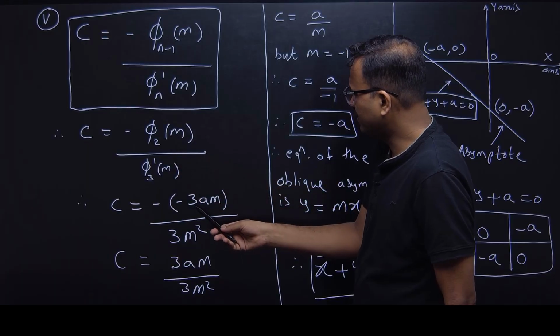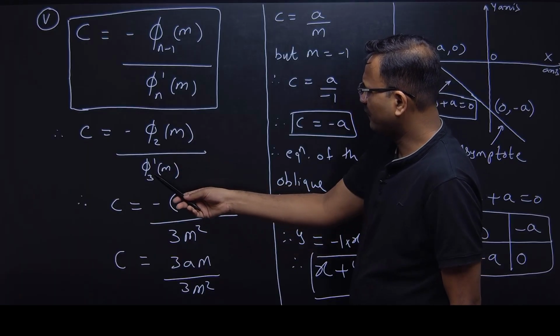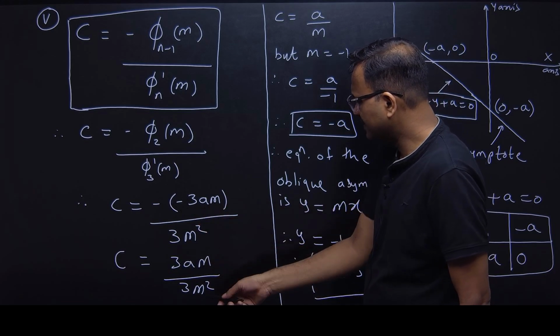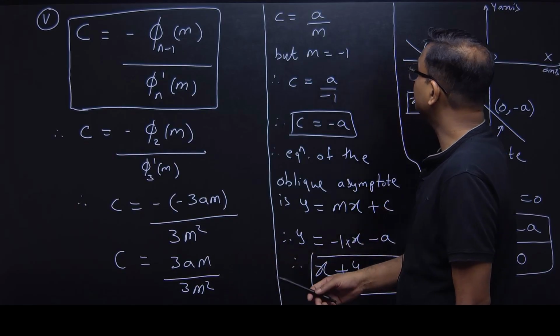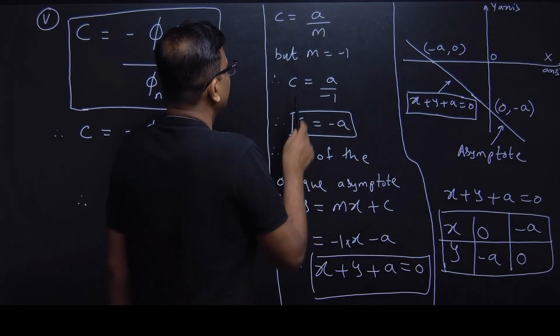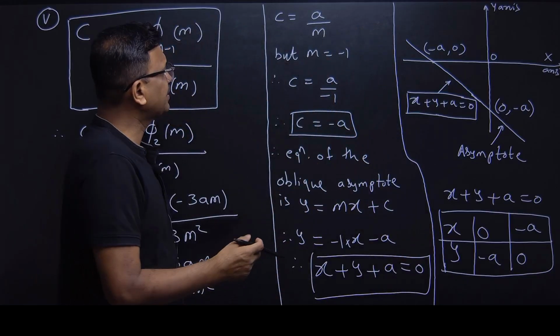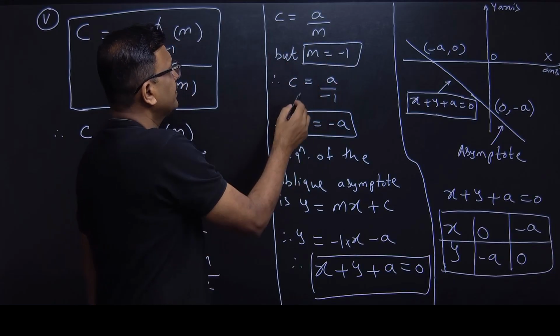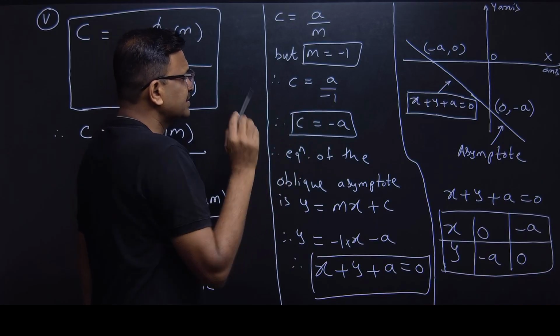We know the value of phi 2m is minus 3am, and phi 3 dash m is 3m square. Minus into minus becomes plus. 3 will get cancelled. 1 m gets cancelled. We get C is equal to a upon m. But already we had found the value of m as minus 1. Substituting m is minus 1, we get C is a upon minus 1. That is, C is minus a.